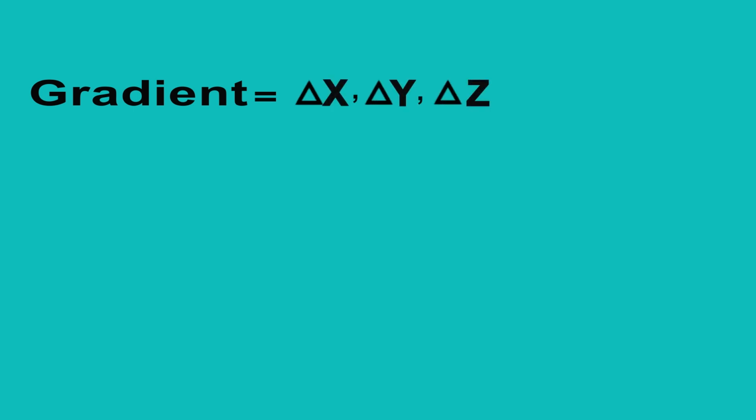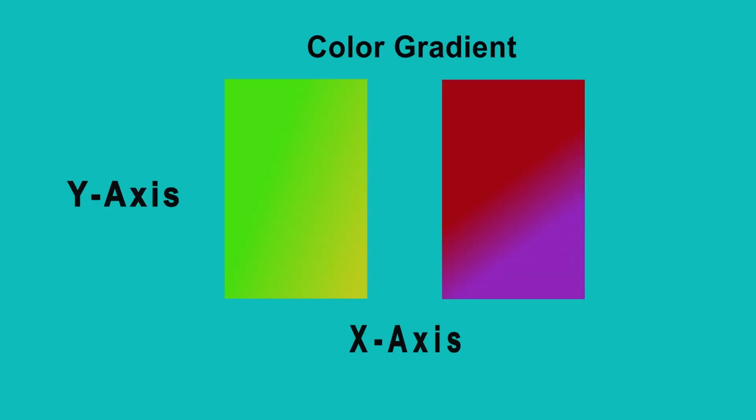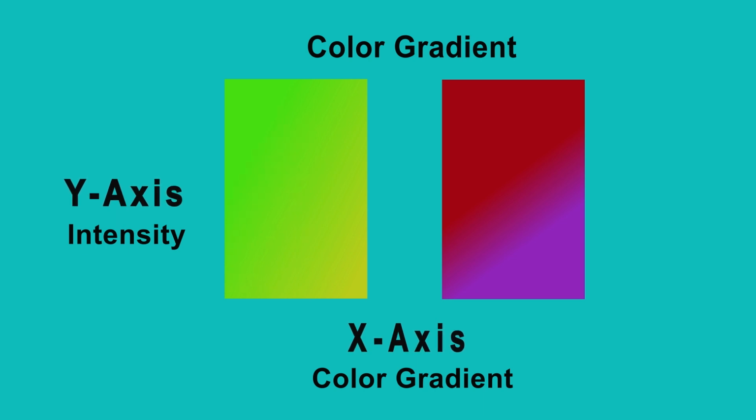Let's first understand what the gradient is. Change in value of a parameter with respect to one of the axes or coordinates is called gradient. For example, we are familiar with color gradients used in different graphics. Such patterns are called gradients because the intensity of a specific color is varying along a straight line drawn through these boxes.